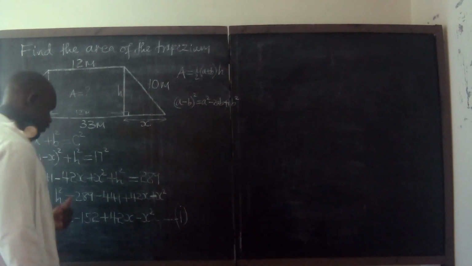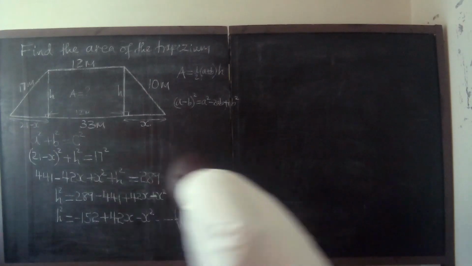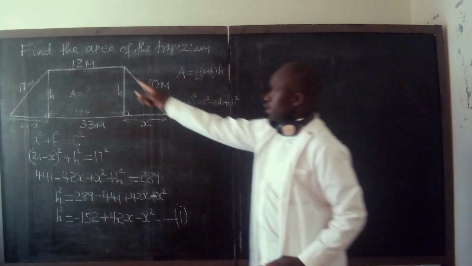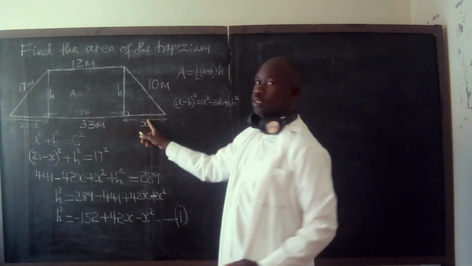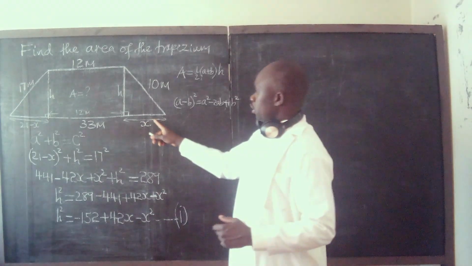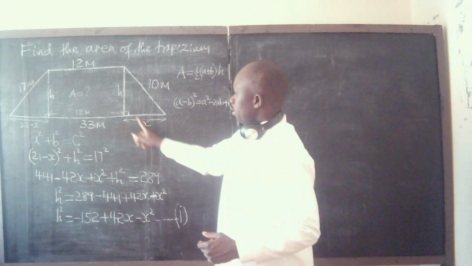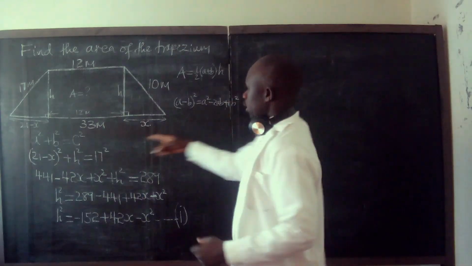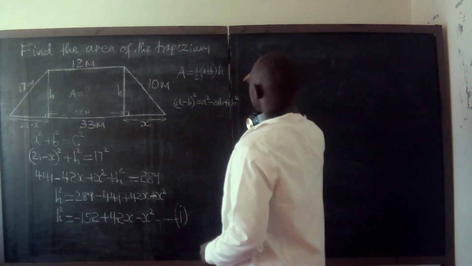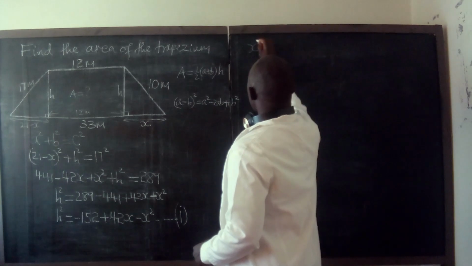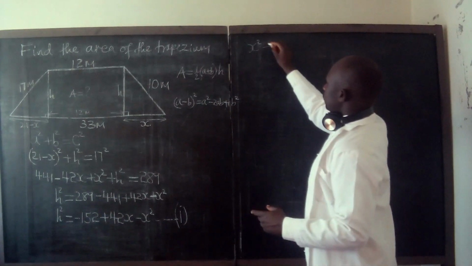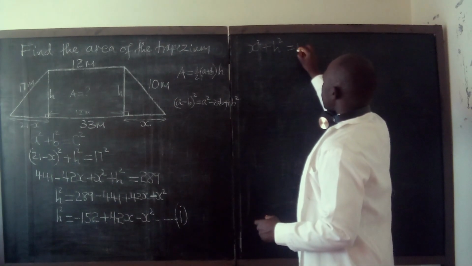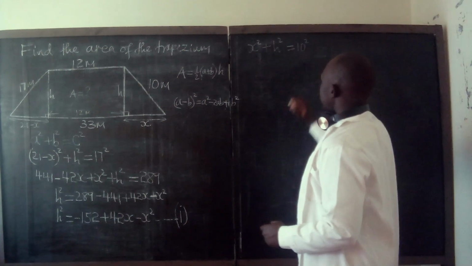Then we move on to the other one. For the other part, using Pythagoras theorem again, we shall have x squared plus h squared equals 10 squared.